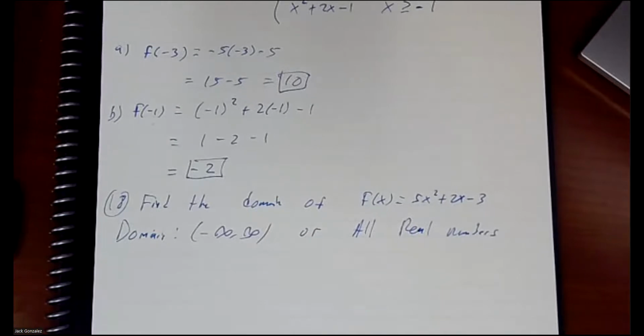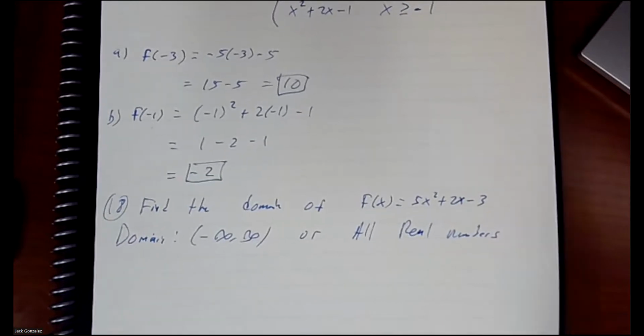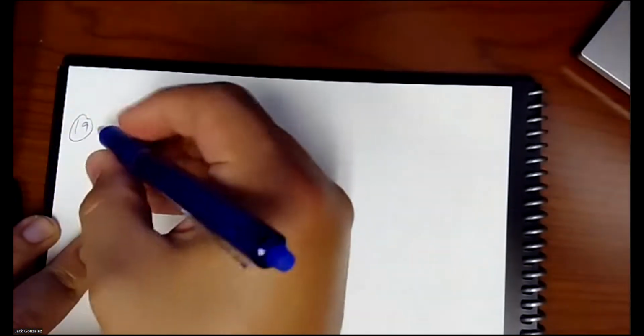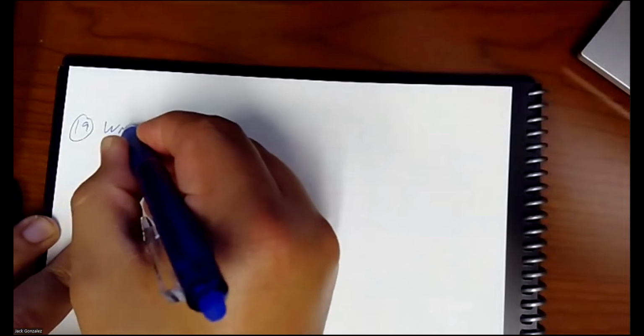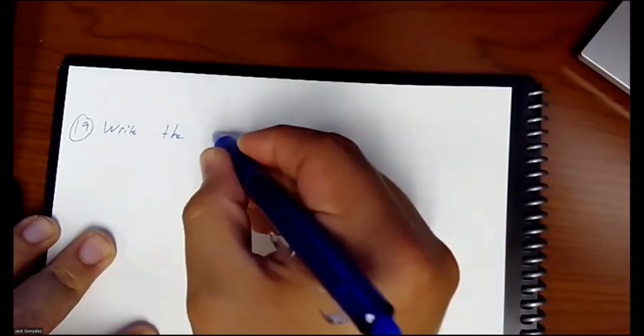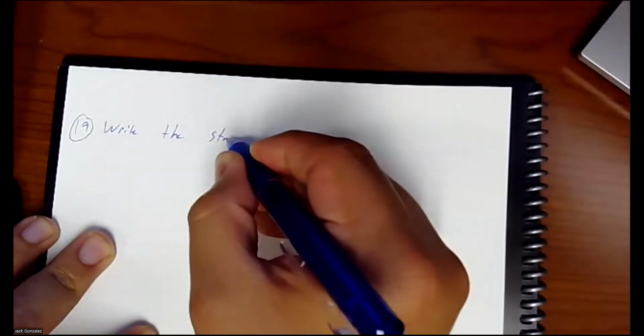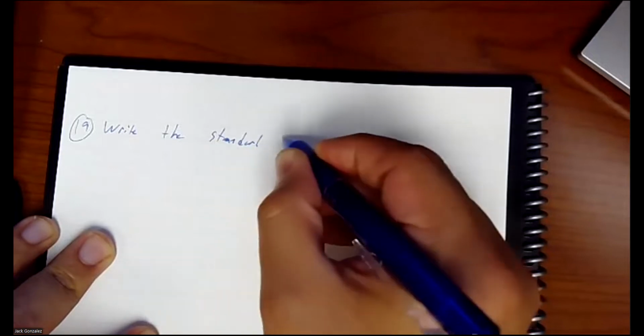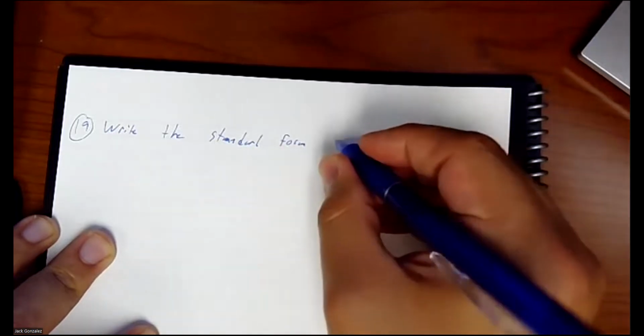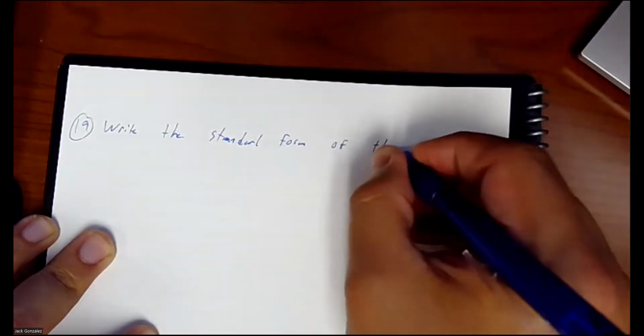Okay. All right, let's move on to 19. Let's talk about parabolas. And then we'll go and move on to graphing. Write the standard form of the quadratic.